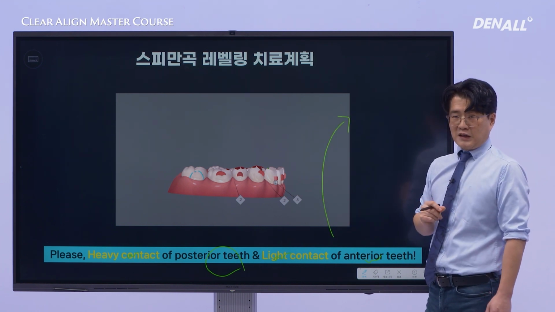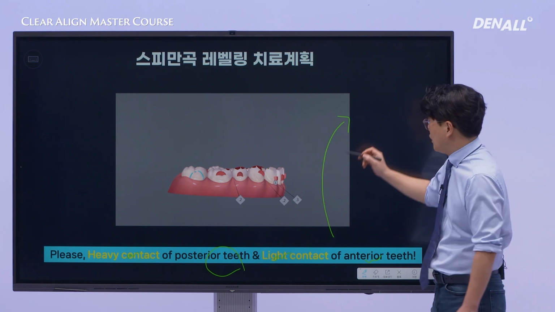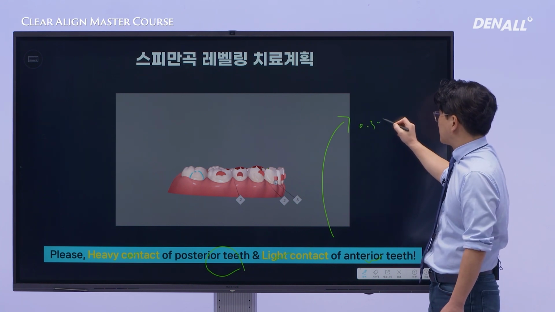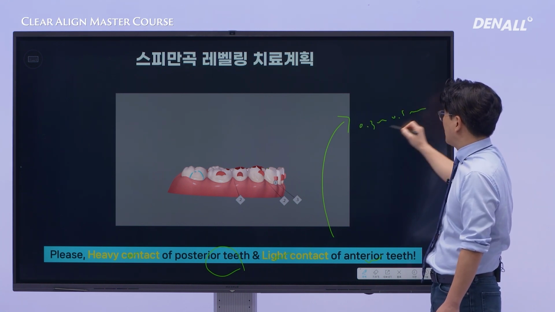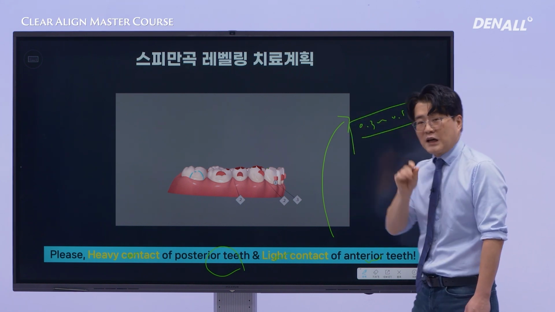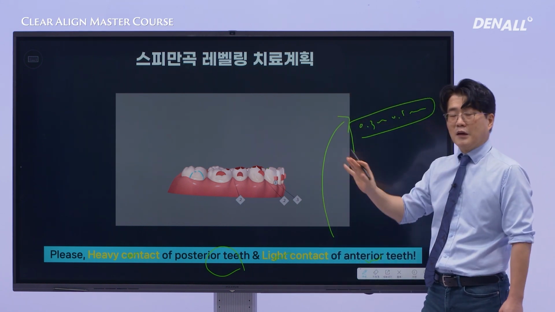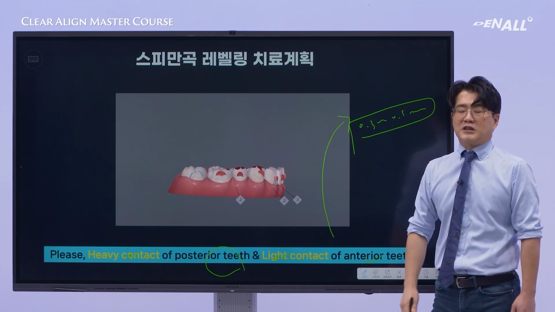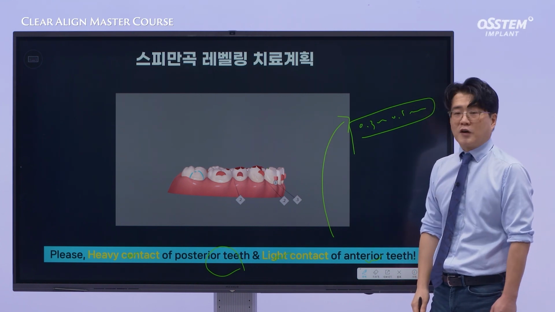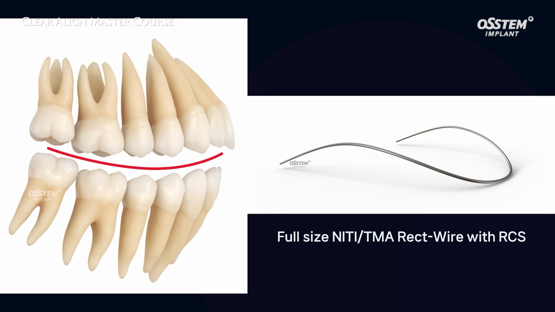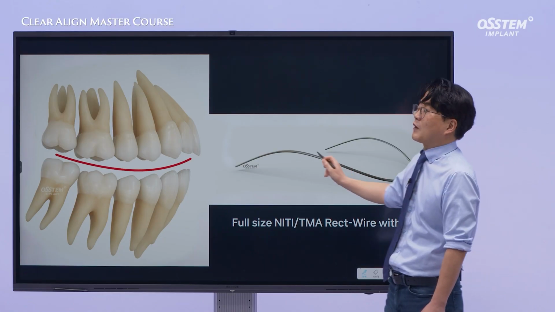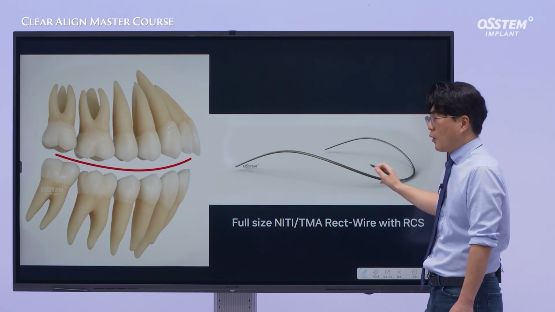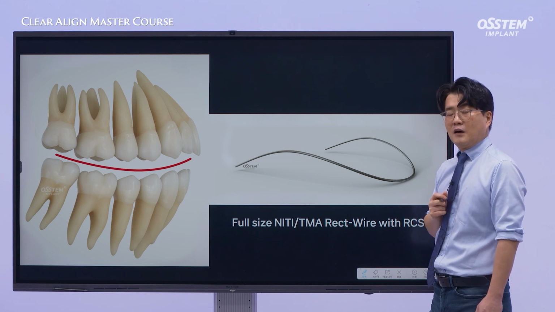Another way to describe this, more specifically, is to request about 0.3 to 0.5 millimeters clearance in the maxillary anterior region to create a slight open bite tendency. You can request these instructions to produce a slight open bite tendency. This approach is essentially the same as in bracket-based orthodontics, where full-size nickel titanium, TMA, or rectangular wires with a reverse curve of Spee are used.